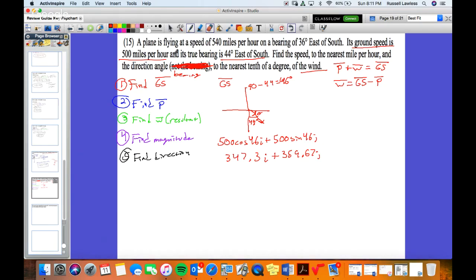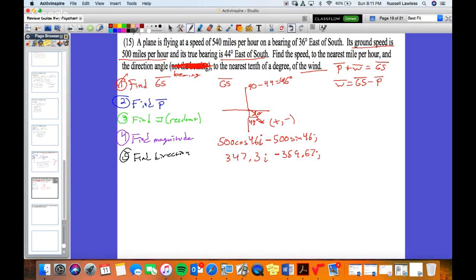Now, here's the thing. We can't have these as pluses. Does anyone know why? They can't be pluses because in quadrant 4, you have a positive cosine and a negative sine. So rather than adding, it's actually subtracting. And so our vector for our ground speed is good.